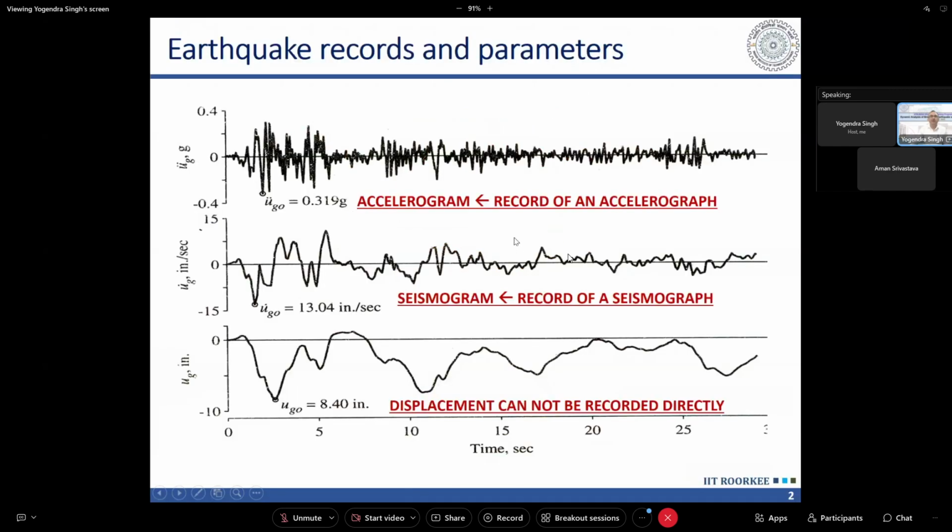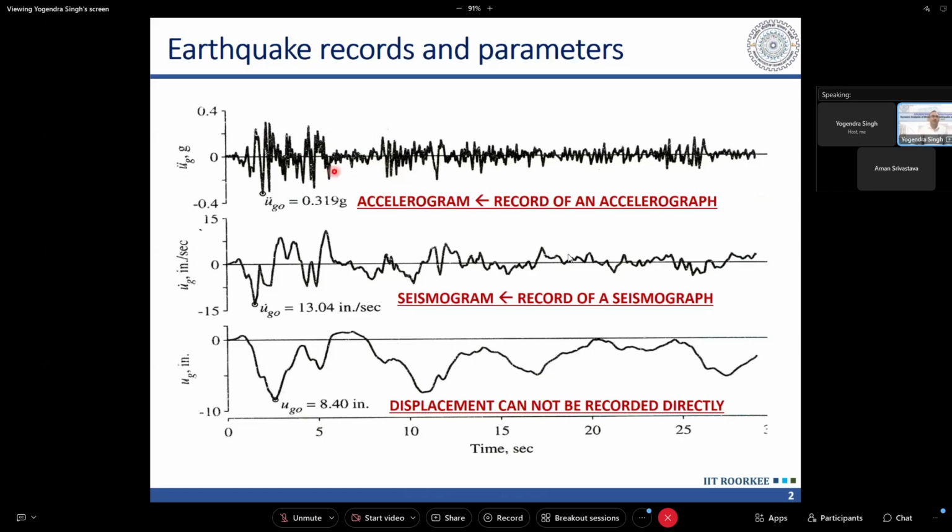So when we record an earthquake, we can use an accelerograph, and the record of that accelerograph is an accelerogram. So the first record which you see here is an accelerogram. This is a record of acceleration, and it is very useful to us because earthquake is causing an inertia force, and inertia force is mass into acceleration.